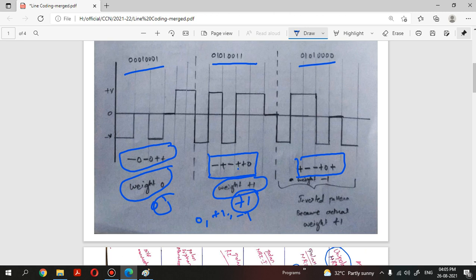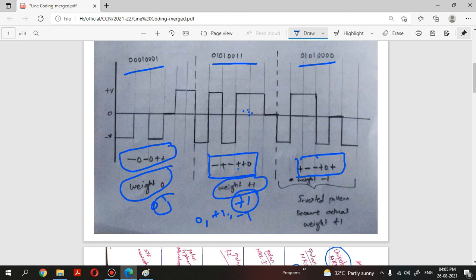We should not get plus 1 again here. If there are 6 voltage levels for this data, it should not get the weight of plus 1 again. Two plus 1 weights should not come next to next, right?